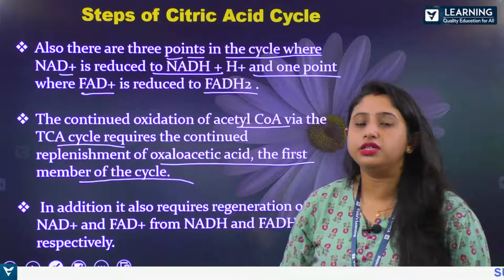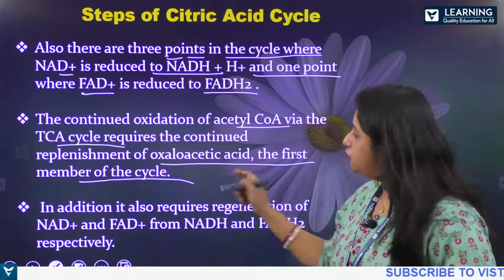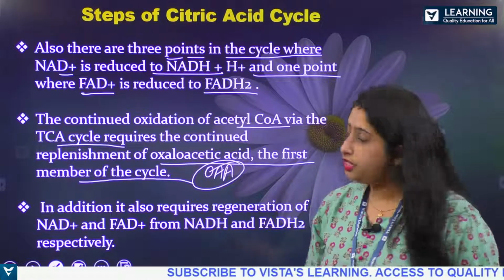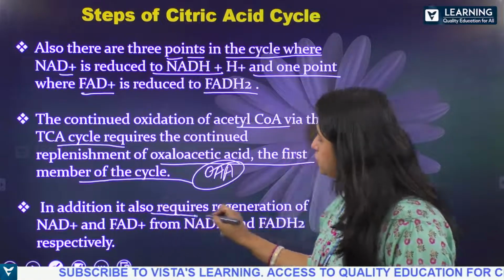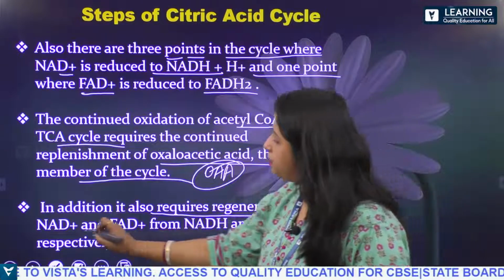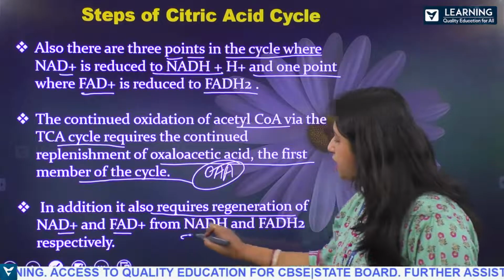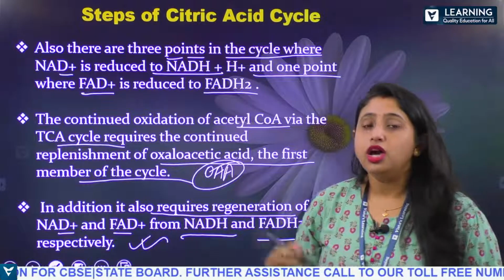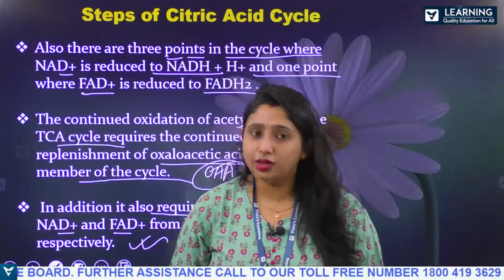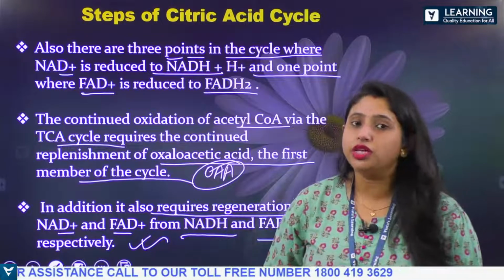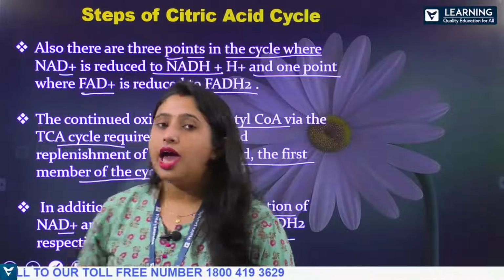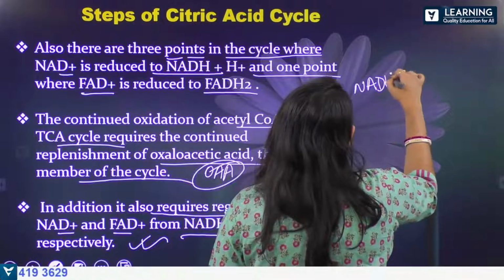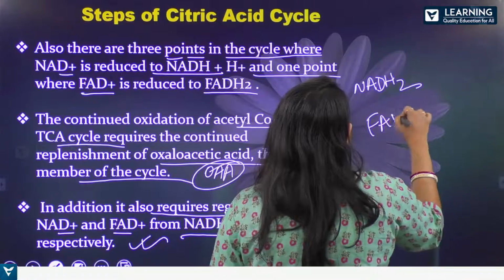So it requires continuous replacement of oxaloacetic acid because the cycle will continue, right? In addition, it also requires regeneration of NAD plus and FAD from NADH and FADH2 respectively. So for continuation of this Krebs cycle, it requires these molecules, NADH and FADH2. It is very much necessary for the continuation of the Krebs cycle.